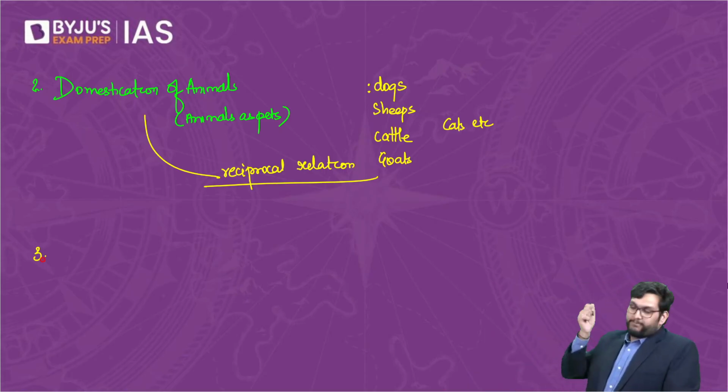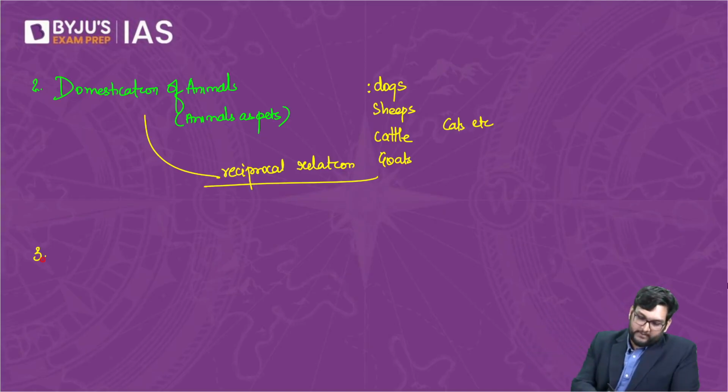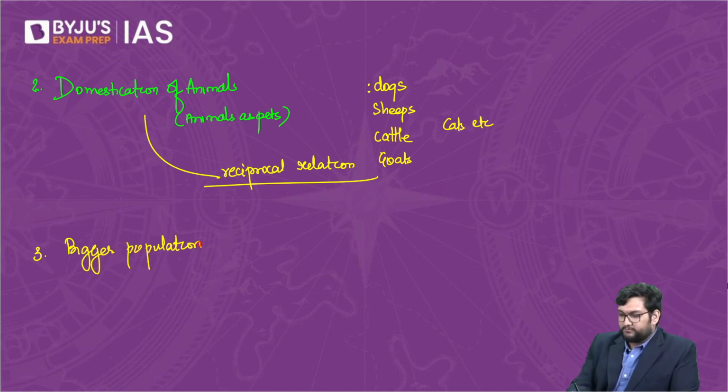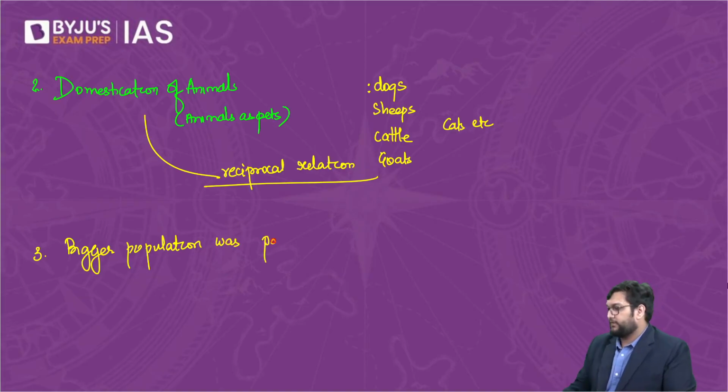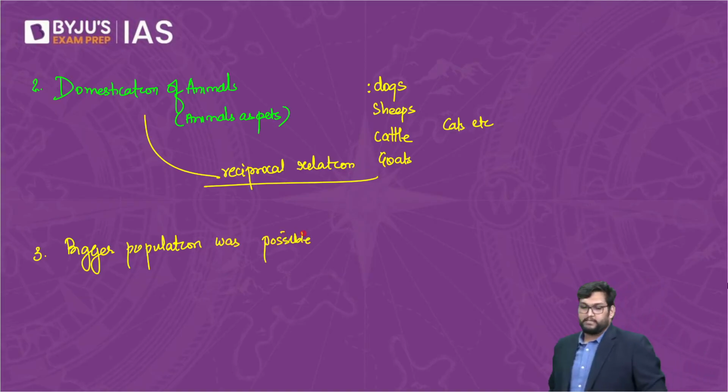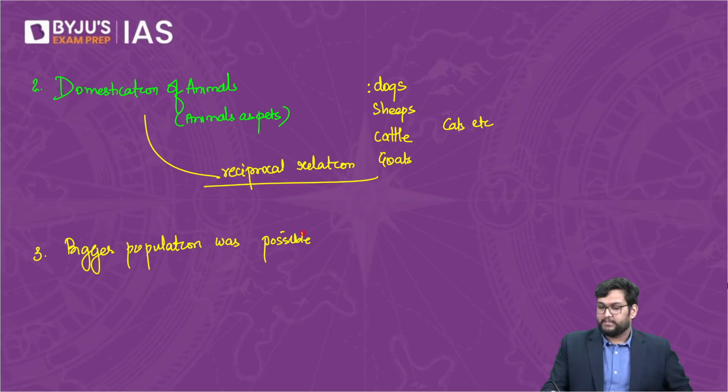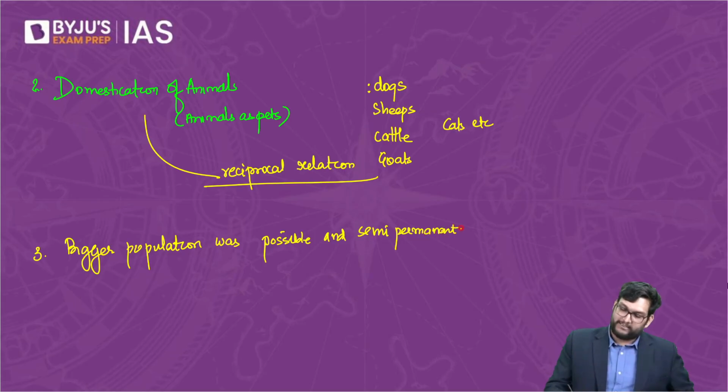Now because there are more food resources, a bigger population was possible, and permanent settlements develop.